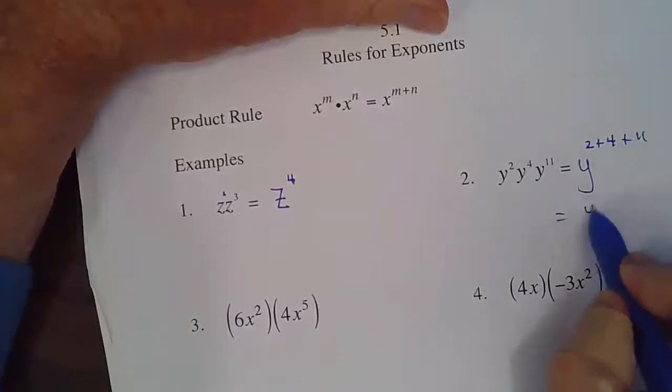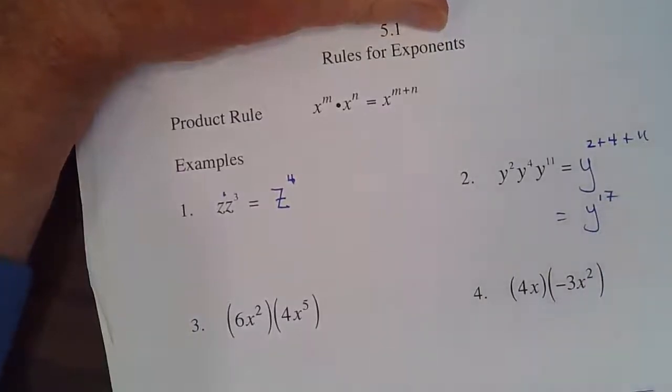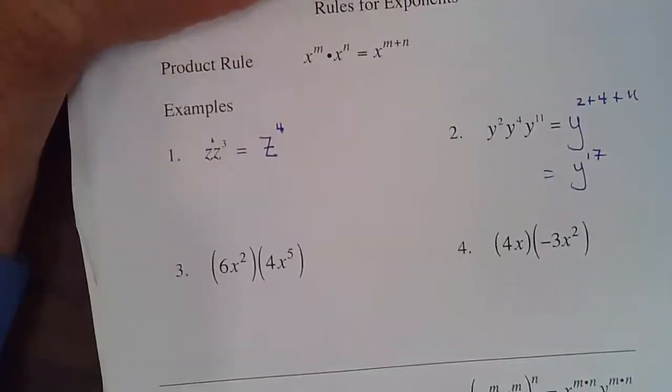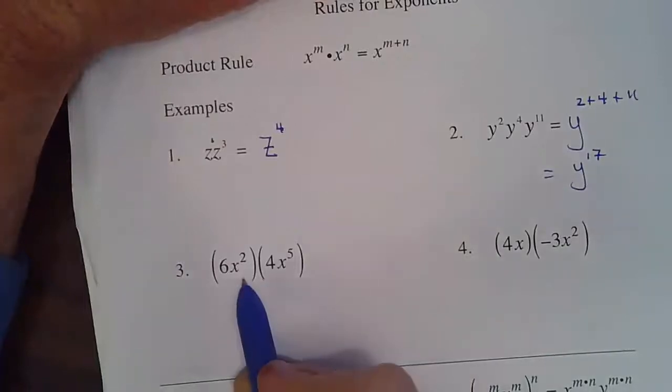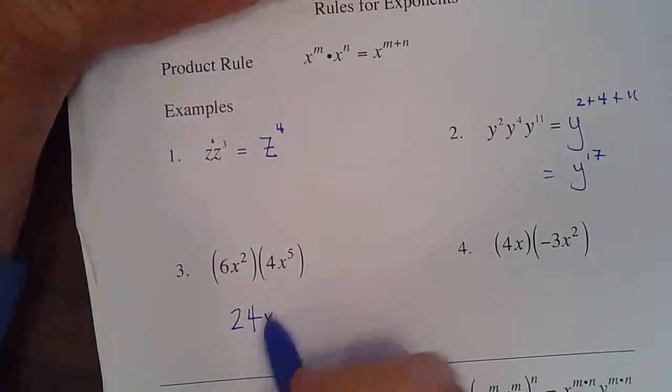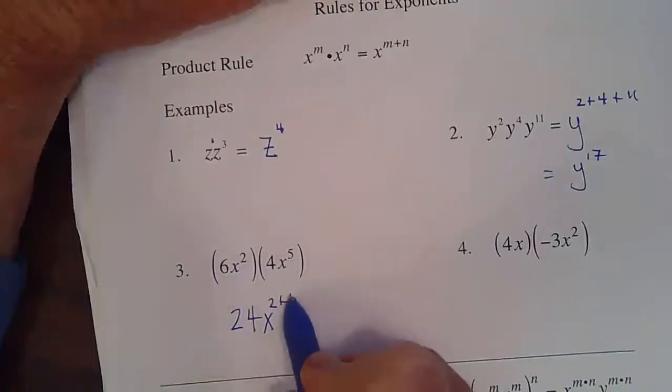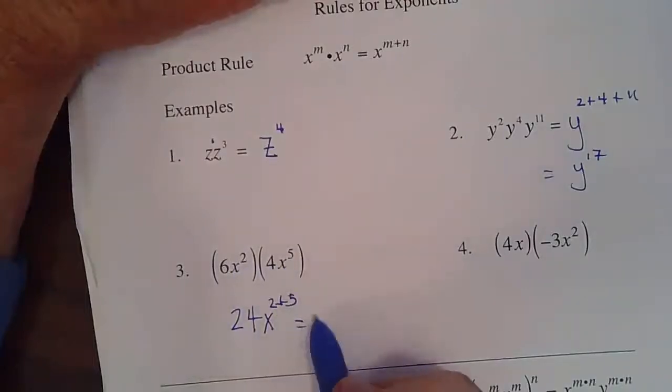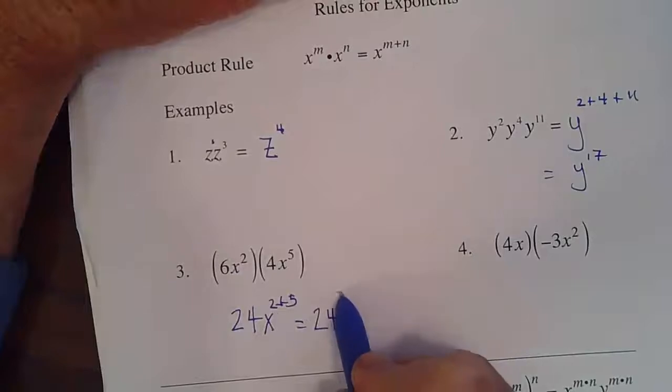Y to the 17th. 6 times 4 is 24. Bases are the same, 2 and 5, 2 plus 5, x to the 7th power.